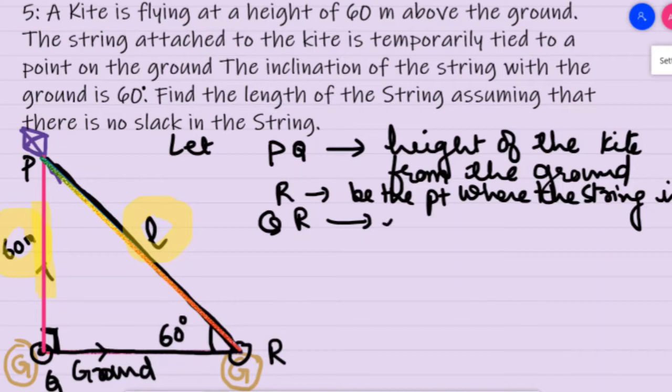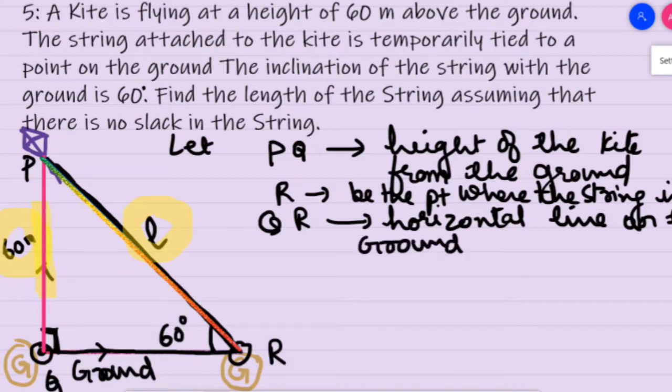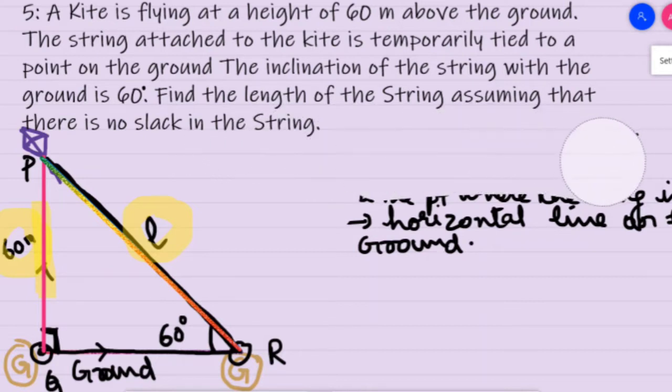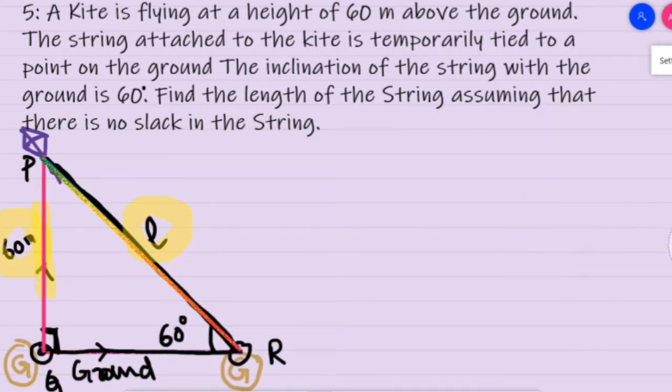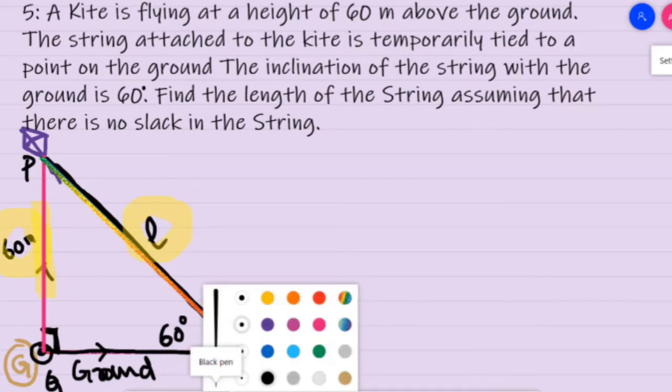QR is the horizontal distance on the ground. Now after this, how will you proceed? Let us proceed with the sine angle. I am just rubbing this out so that we can continue with the next step.